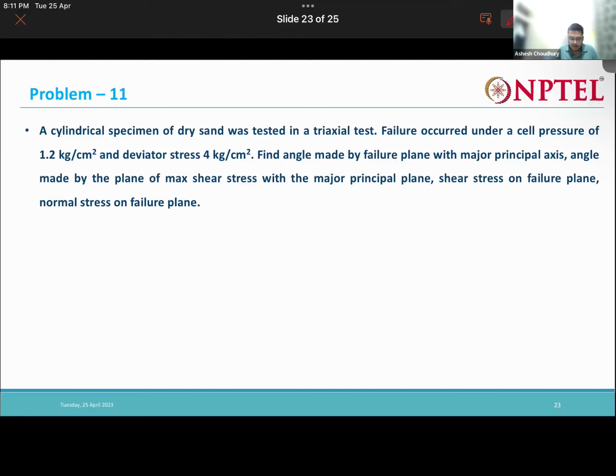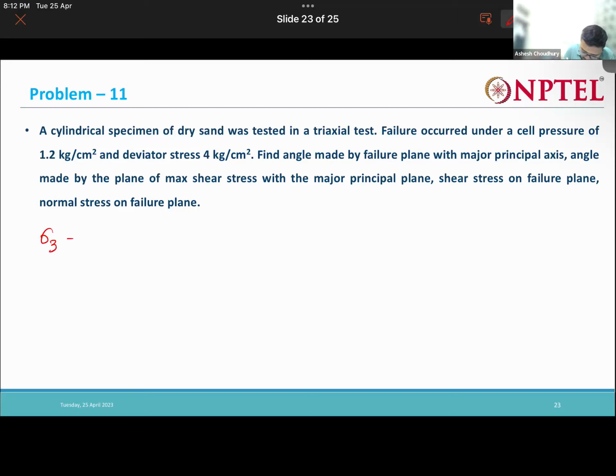Failure occurred under a cell pressure of 1.2 kg per centimeter square and a deviator stress of 4 kg. Find the angle made by the failure plane with the major principal axis, the angle made by the plane of maximum shear stress with the major principal plane, shear stress on the failure plane, and normal stress on the failure plane. Okay, so let us do it first.